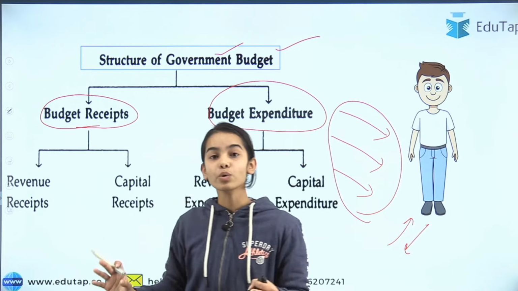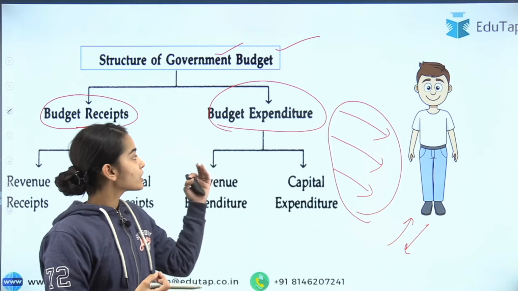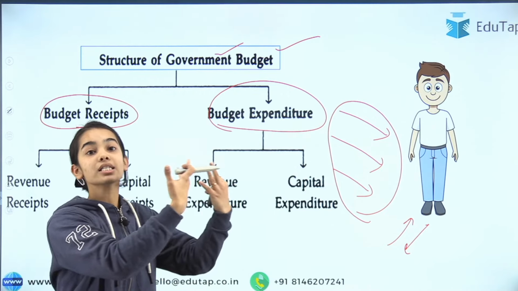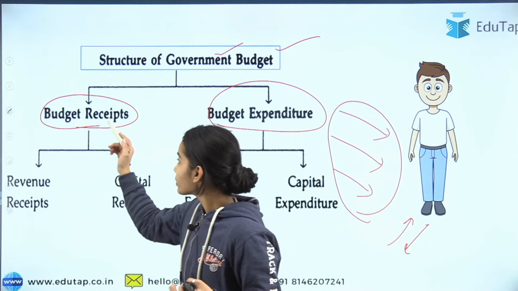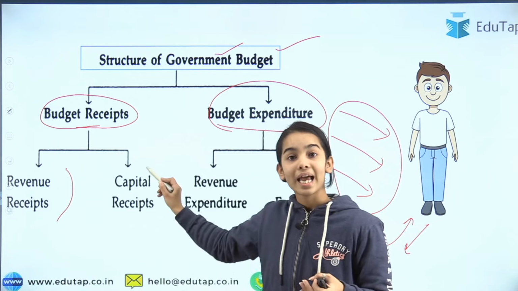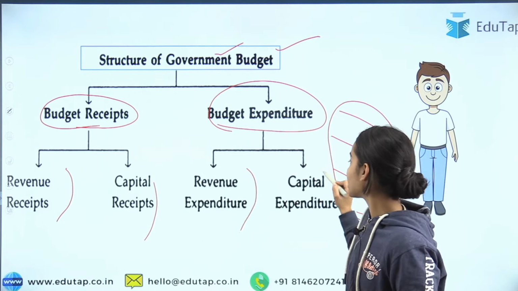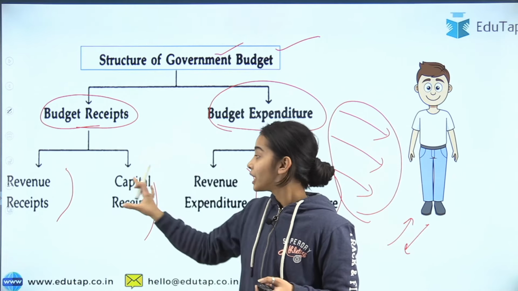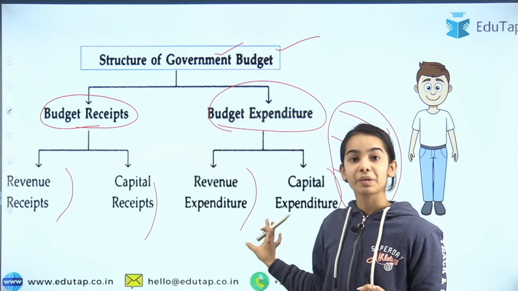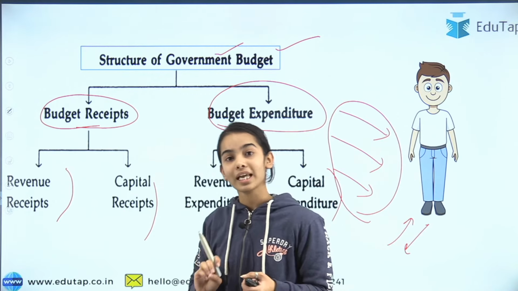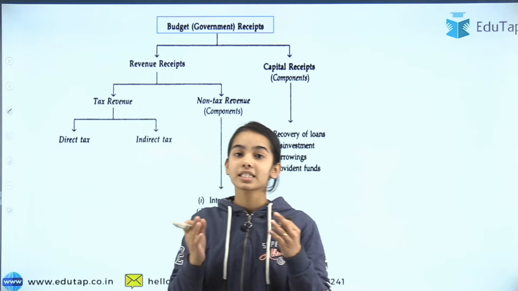Budget receipts tell you from where the money is coming to the government, the different sources, and budget expenditure tells you where the money is going from the government. So budget receipts include the revenue receipts and the capital receipts, while the budget expenditure includes the revenue expenditure and the capital expenditure. Now I will tell you what these are.